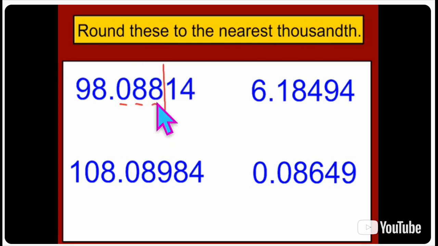And this lets me know I'm in the 80s, right? So am I closer to 80 or am I closer to rounding up to 90? So if I'm at my little number line here and I start at 80 and I do one little extra hop, is that making me closer to 90 or is it making me closer to staying on the 80? It's making me stay closer to 80.